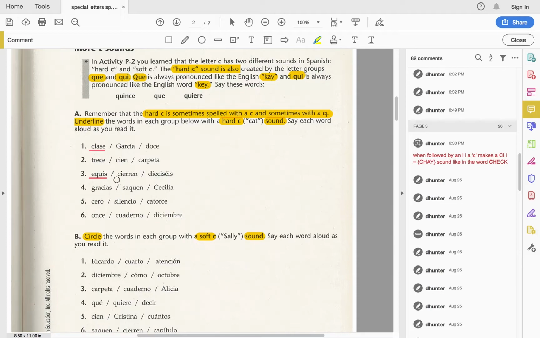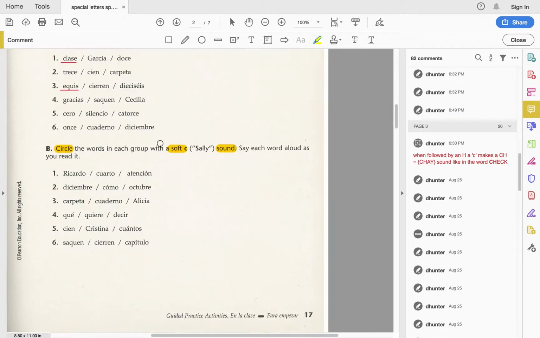X means X. Cierren and 16 aren't underlined here because they have that soft C. Pero X, even though it has no C involved, is still the only word with a hard C because it has that Q-U-I that makes a key sound, which is a hard C.